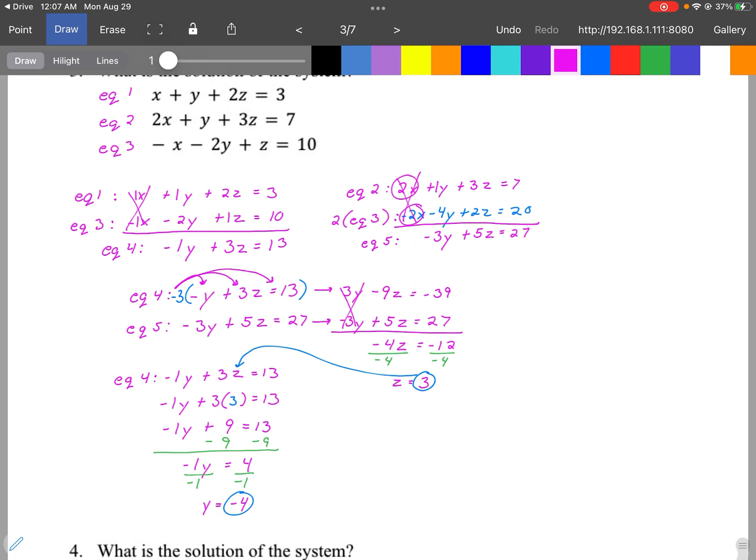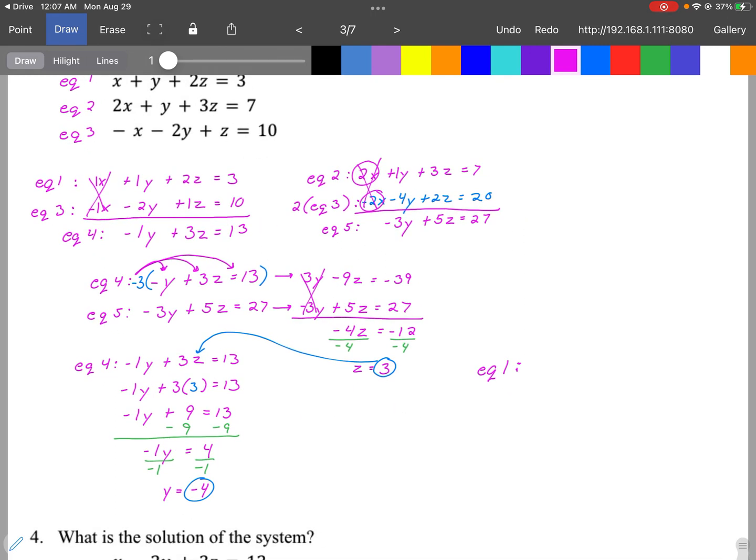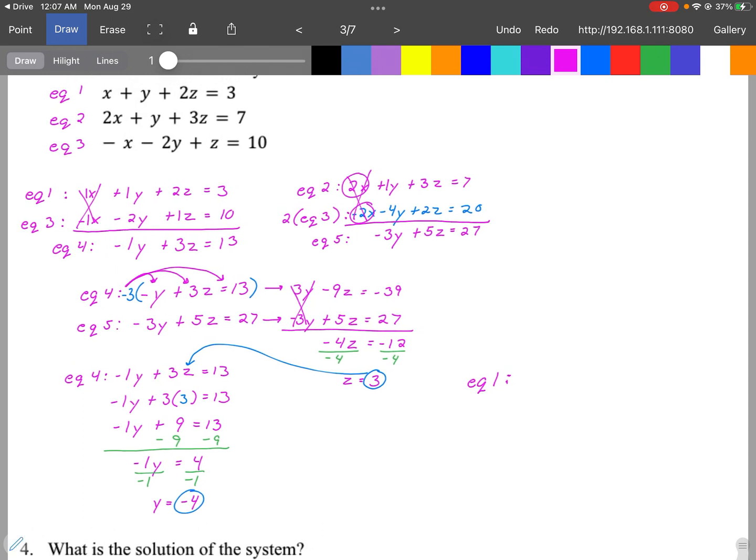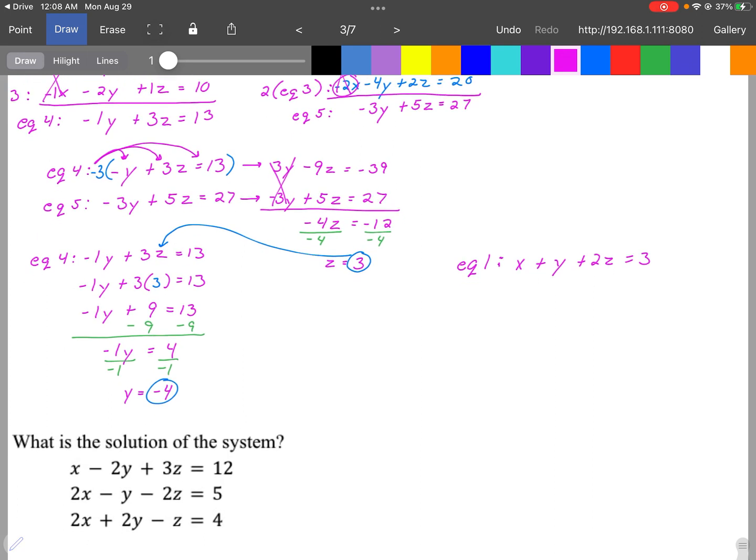So I'm going to rewrite equation 1 down here. I'm going to go off to the side so I don't run out of room. Normally I would put it right here beside, but it's going to get squished if I do. I wrote a little bit too big. So equation 1 is x plus y plus 2z equals 3.